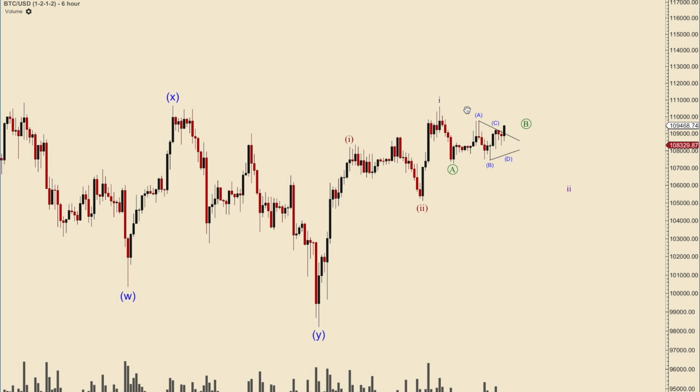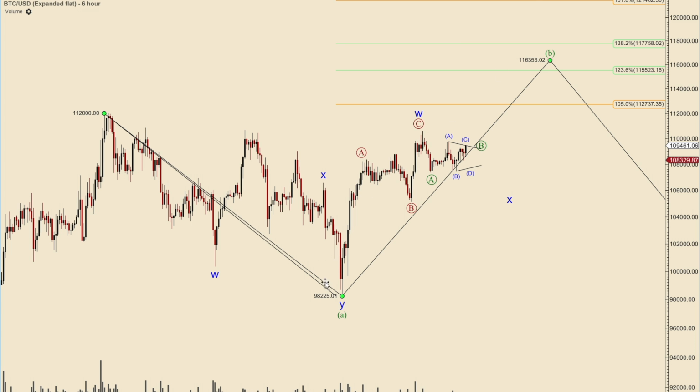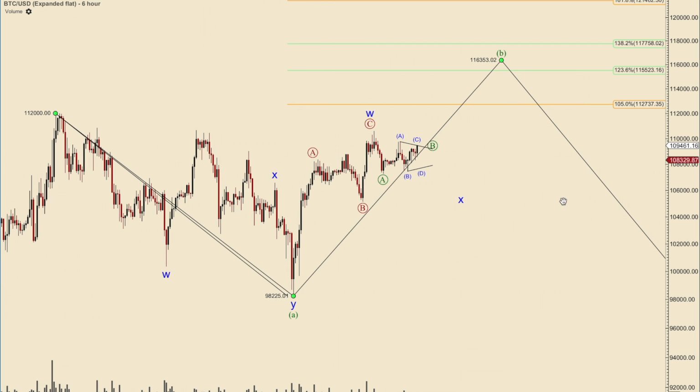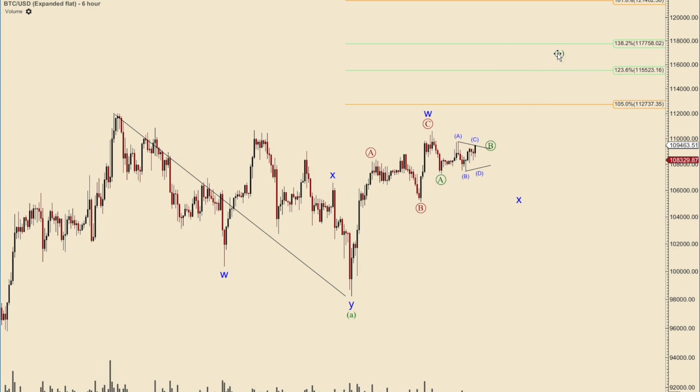And therefore, if this is an ABC, this wouldn't be a 1, 2, 1, 2. Then it is higher probability that it is an expanded flat we're looking at. And therefore, we need to be prepared for a big move down after we have reached the wave B end.